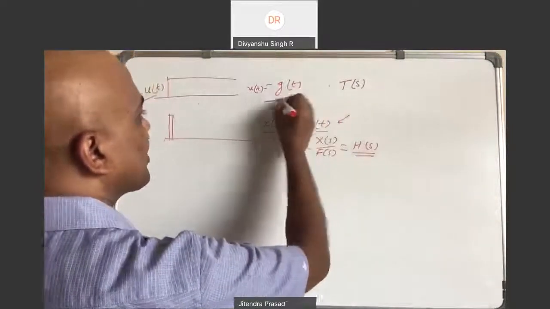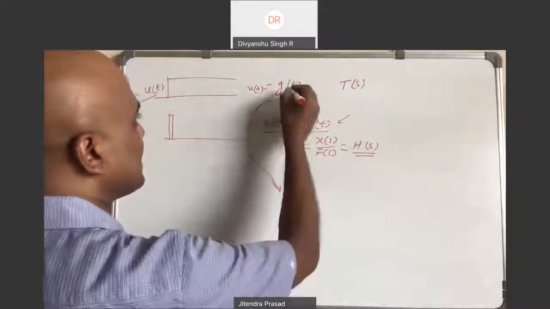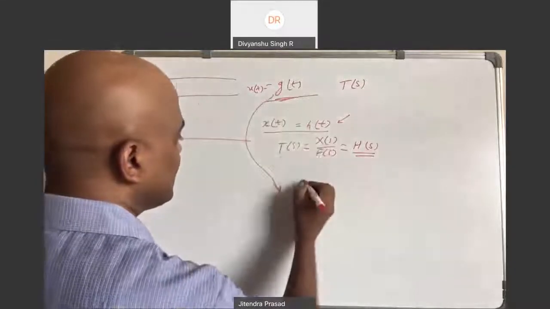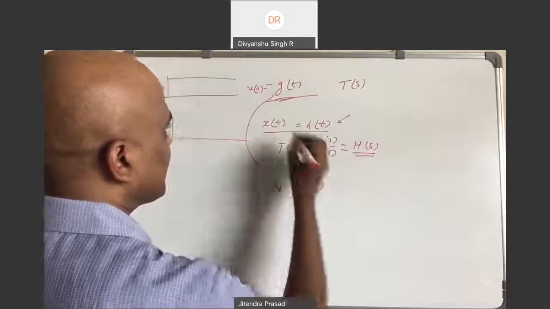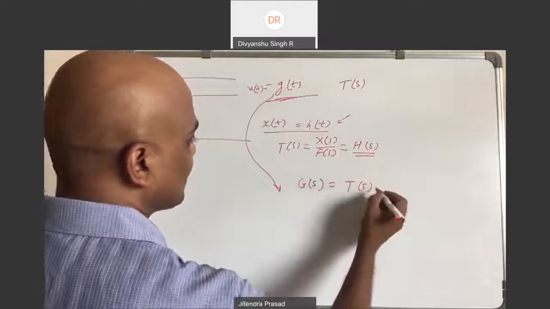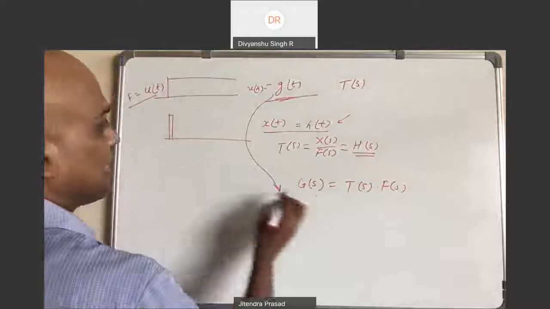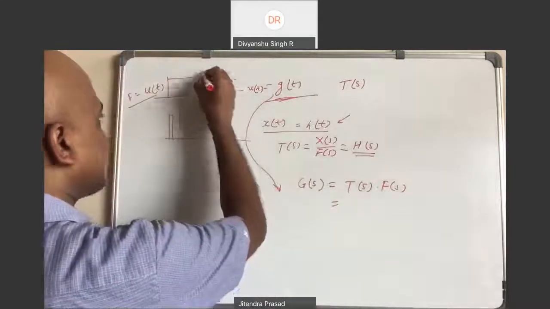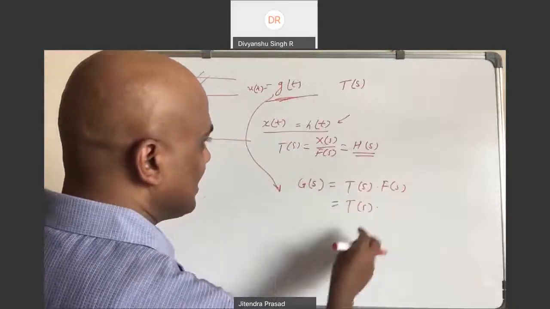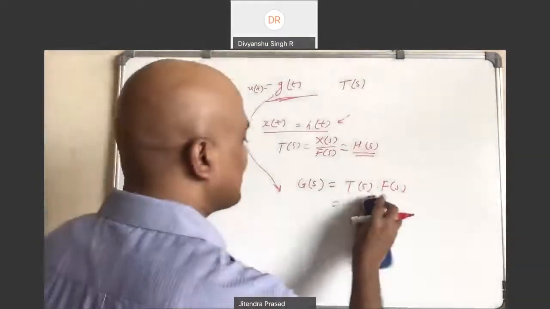So for this one, if you have this, right? So g(t), this is the response of g(t). So G(s) will be equal to the transfer function times whatever the force is, right? So F(s), but our force is this one, the unit step function. So T(s) is nothing but H(s) only.